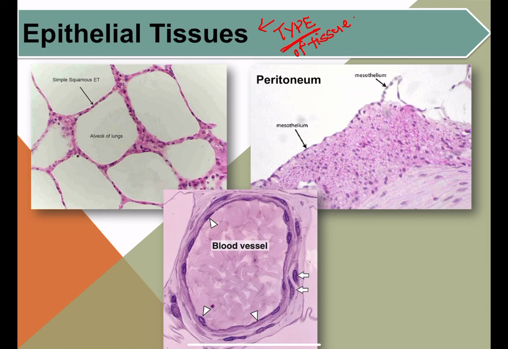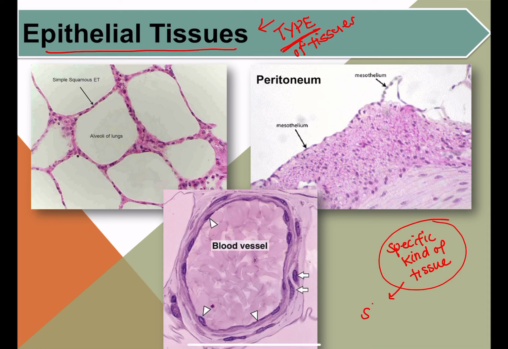So make sure you pay attention on the lecture exam or lab practical to whether I'm asking for the type of tissue or the specific kind of tissue. The type of tissue is epithelial tissue, and the specific kind of tissue we're talking about here is simple squamous epithelium.